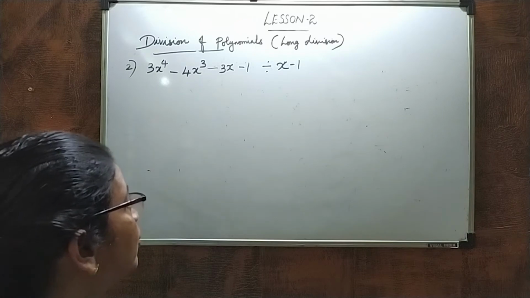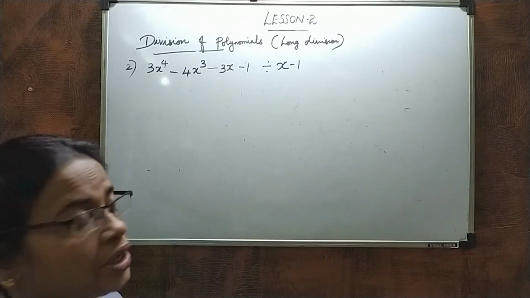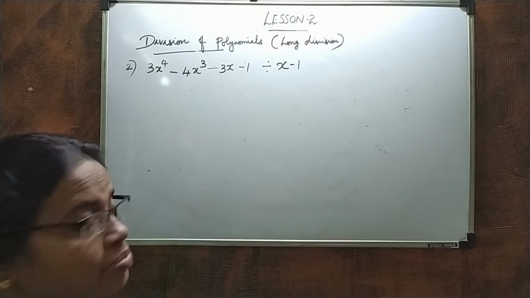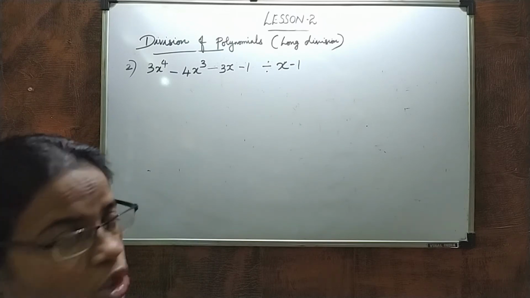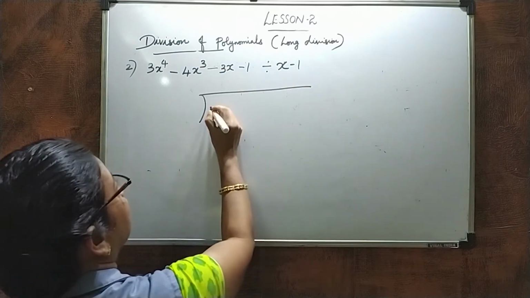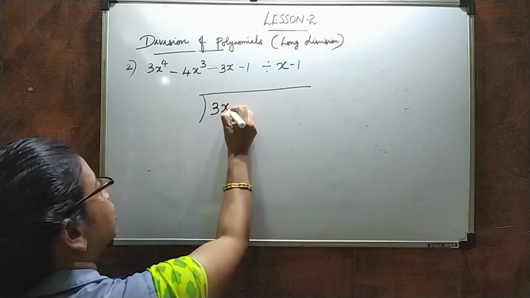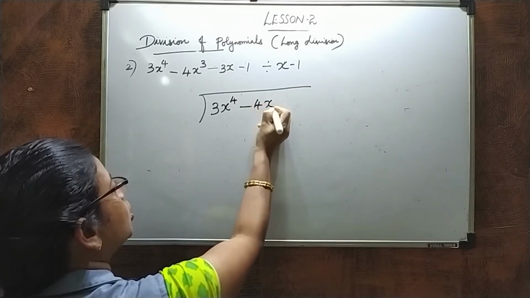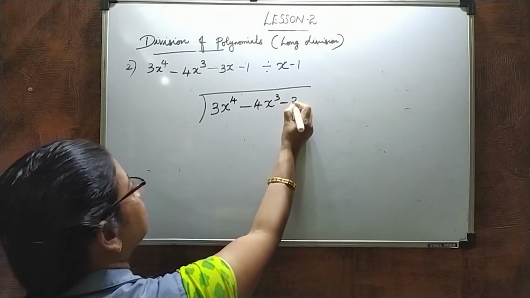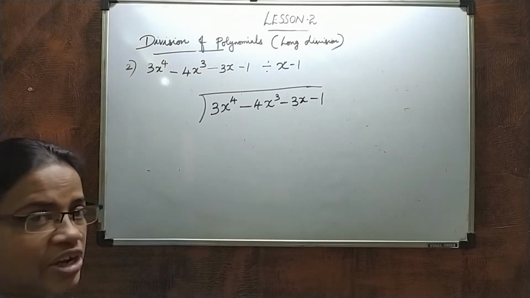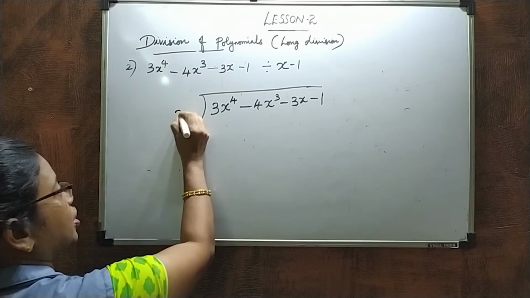3x raised to 4 minus 4x cube minus 3x minus 1 divided by x minus 1. First step, you have to draw like this and write inside. This is the dividend: 3x raised to 4 minus 4x cube minus 3x minus 1. And the divisor is x minus 1.